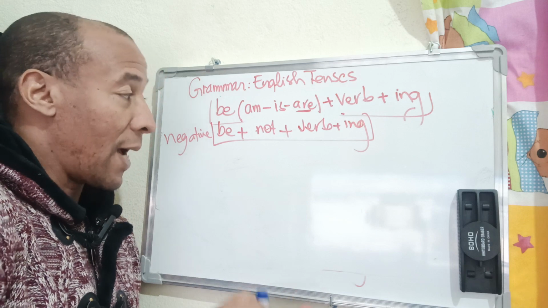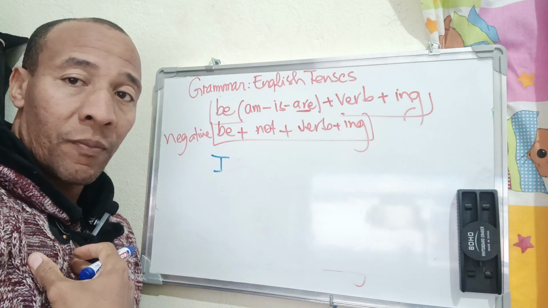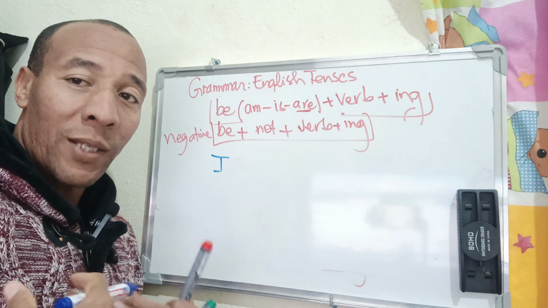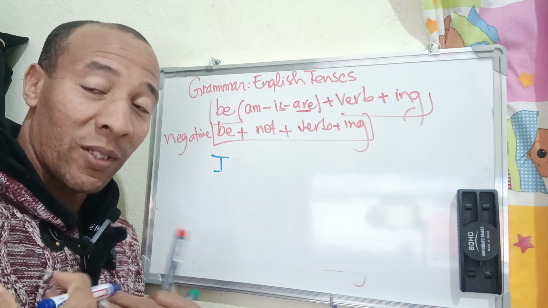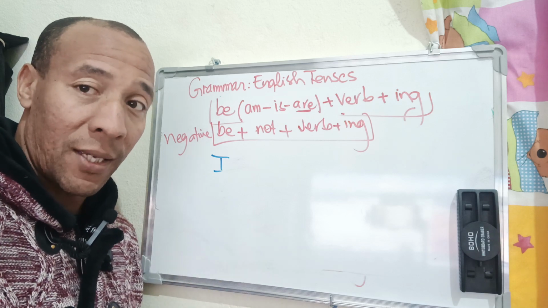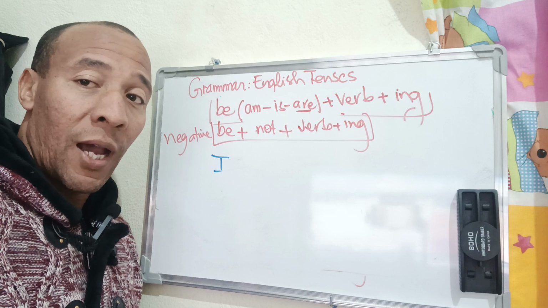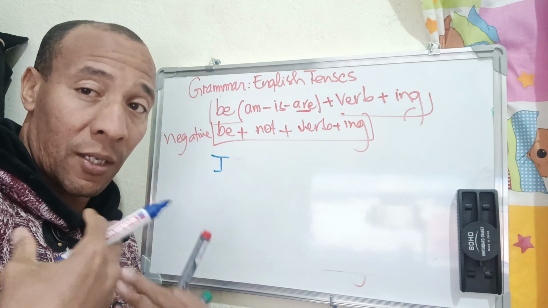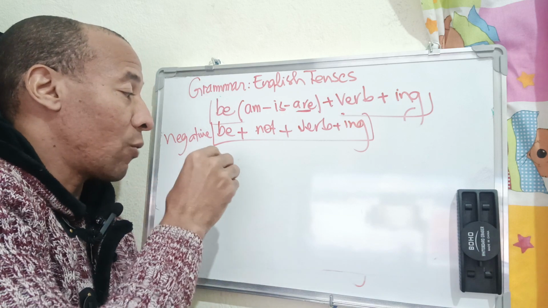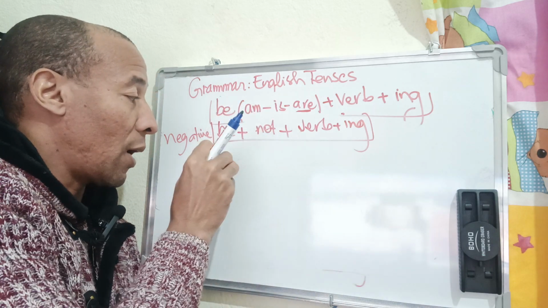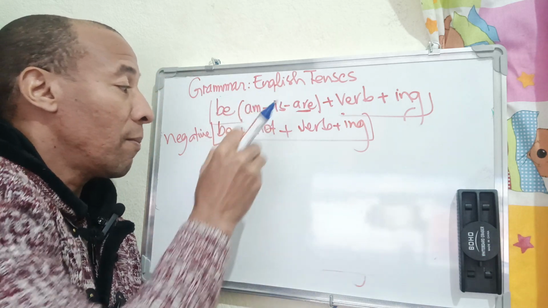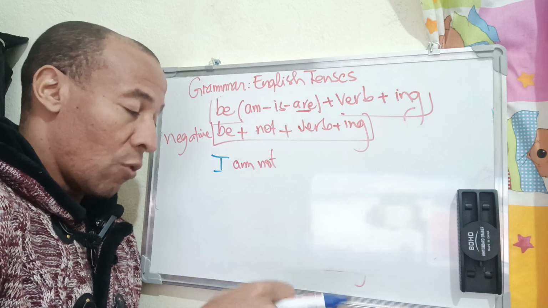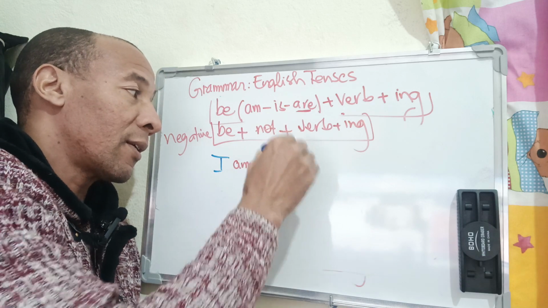Example, what am I doing now؟ شنو كندير دابا؟ what am I doing؟ I am sitting، ياك أنا جالس. ولكن am I eating؟ واش أنا كناكل دابا شي حاجة؟ no. so غنقولو هكا نديرو verb be form ديالو plus not I am not، وغنزيدو الverb اللي هو eat ونزيدو ing.